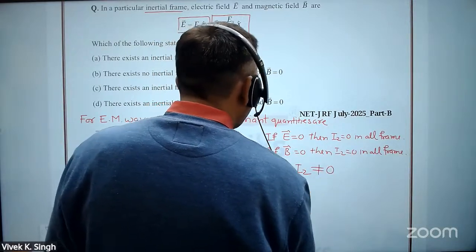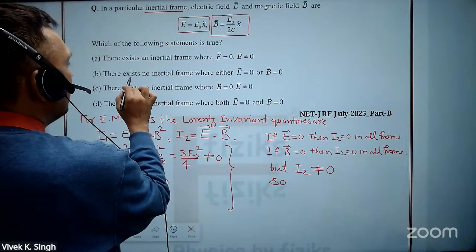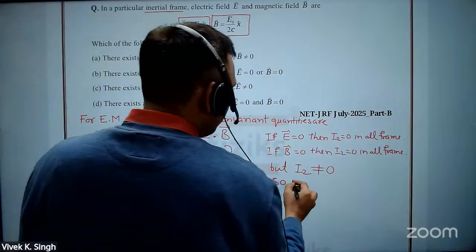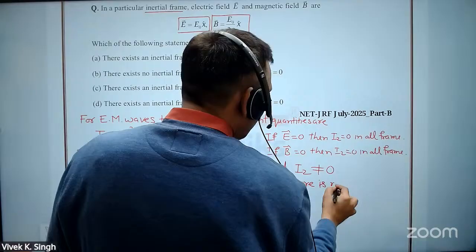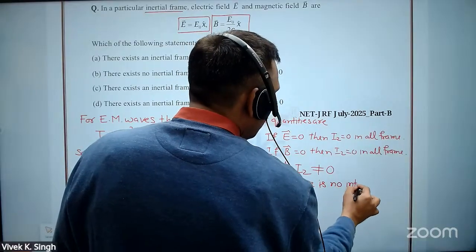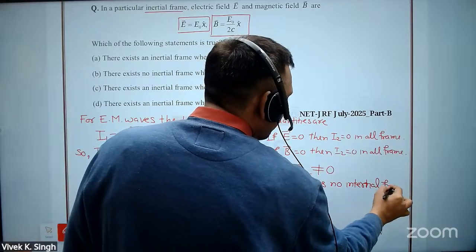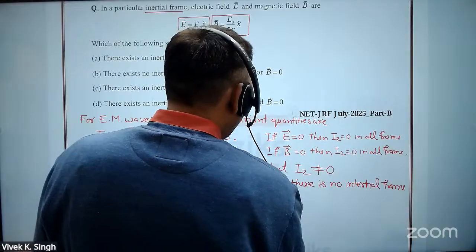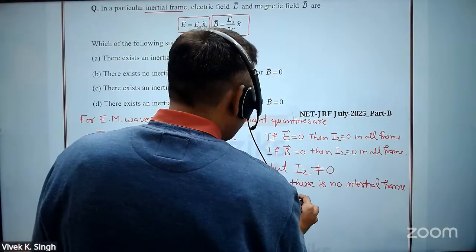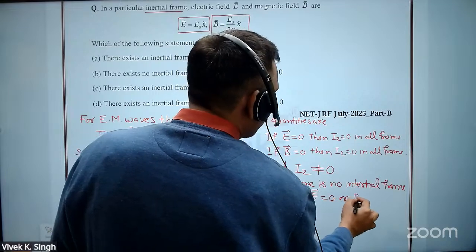So what? It means there is no inertial frame where E is equal to 0 or B is equal to 0.